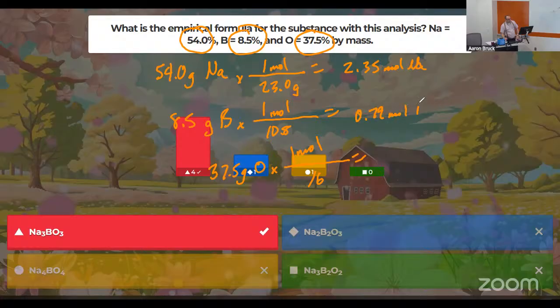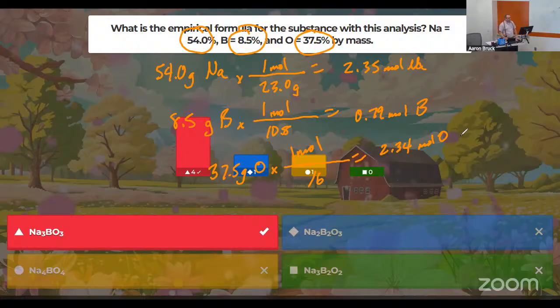And if I take 37.5 divided by 16, I get 2.34. And so right away, again, the point isn't necessarily to get the correct answer, but to get the correct answer quickly.